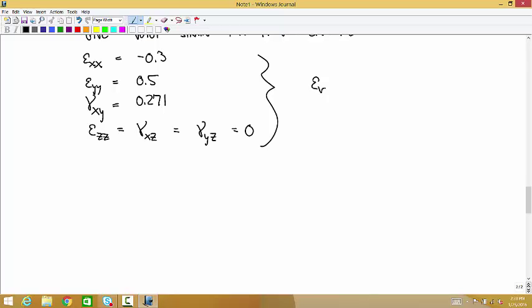And so the Voigt strain is negative 0.3 for EXX, positive 0.5 for EYY, 0 for EZZ, and then YZ is 0, XZ is 0, and XY is 0.271.